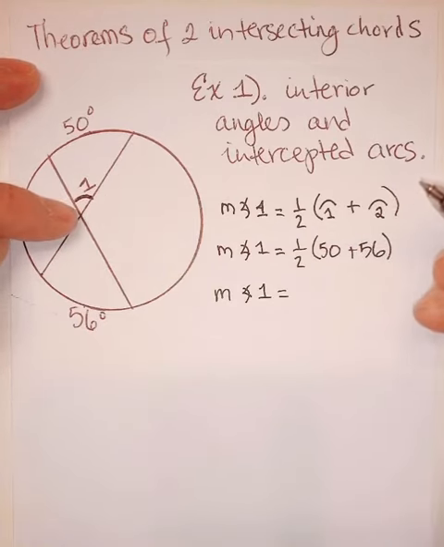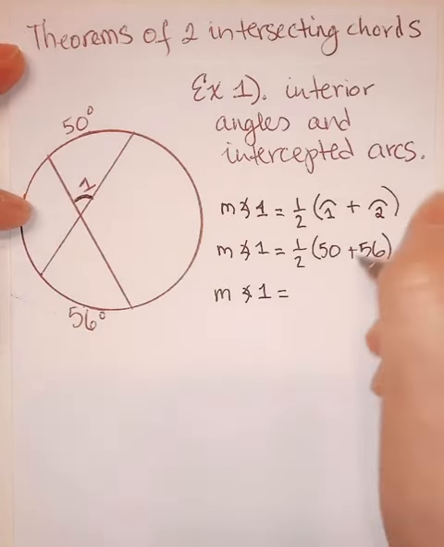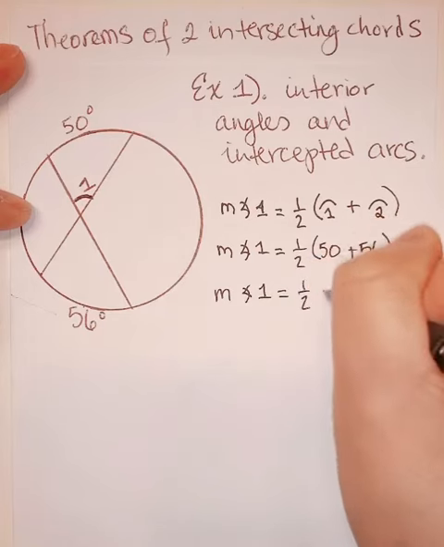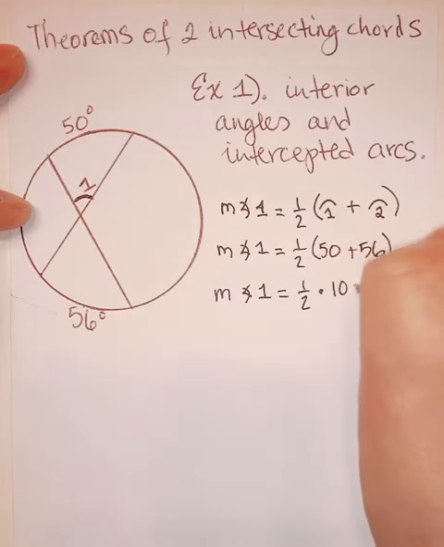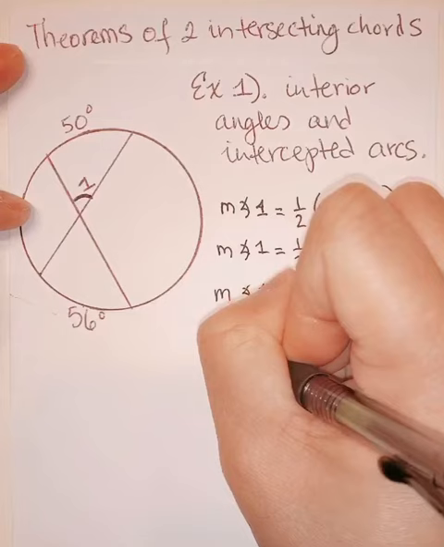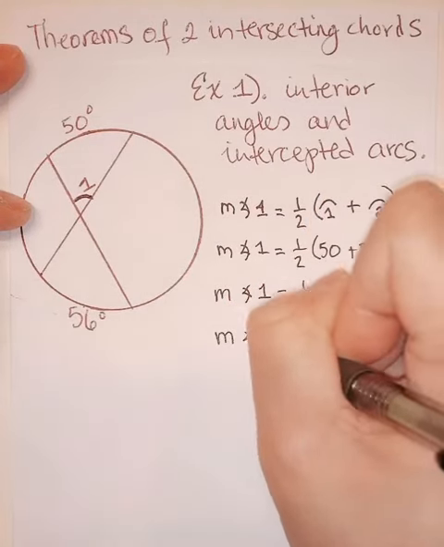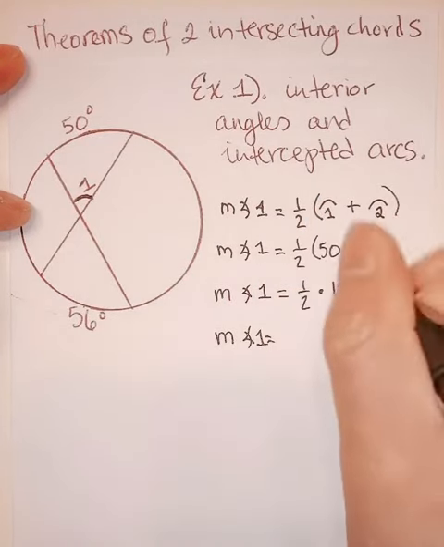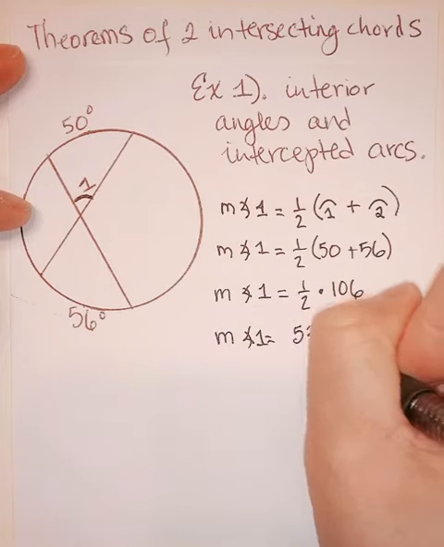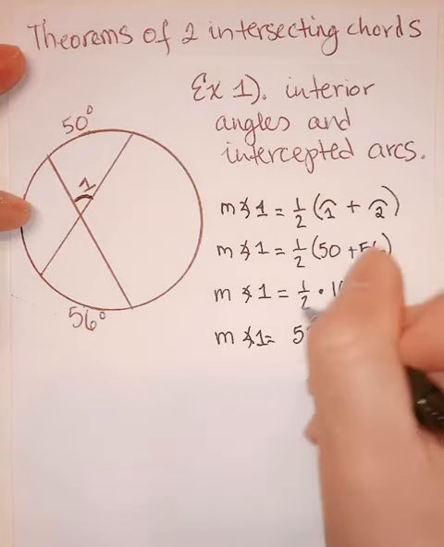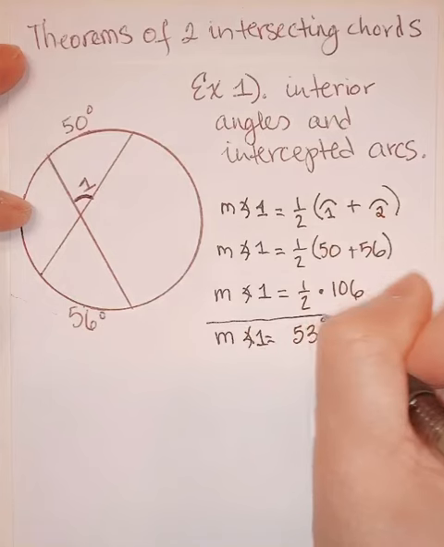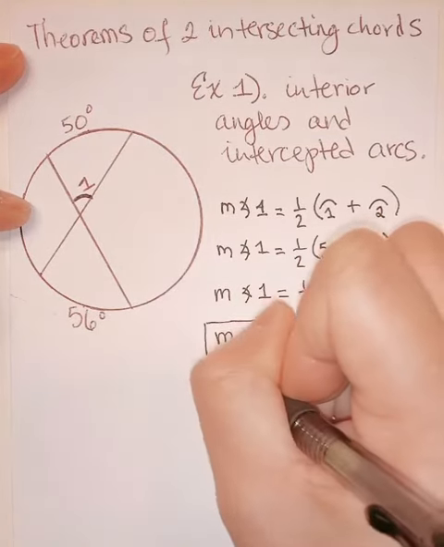Angle 1 is the interior angle. 50 plus 56 is 106, so we take 1/2 times 106. So the measure of angle 1 is 53 degrees.